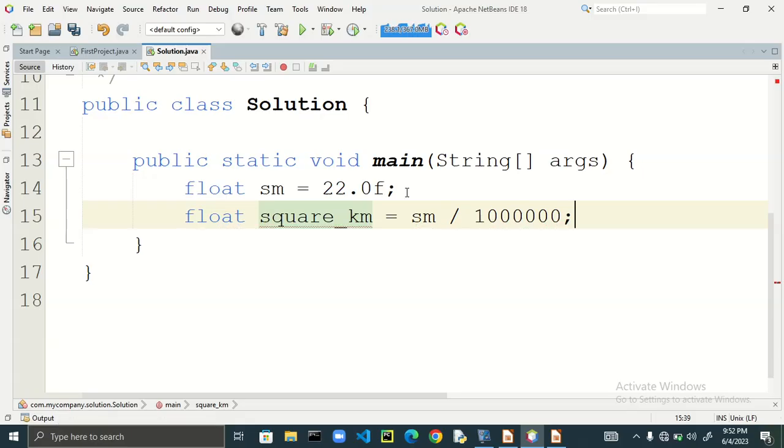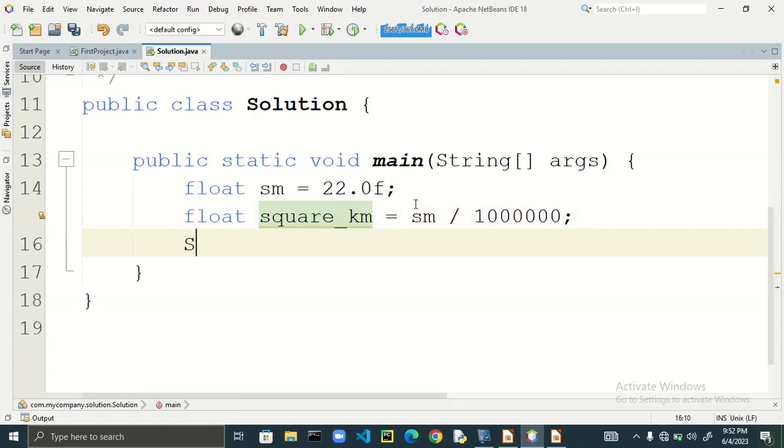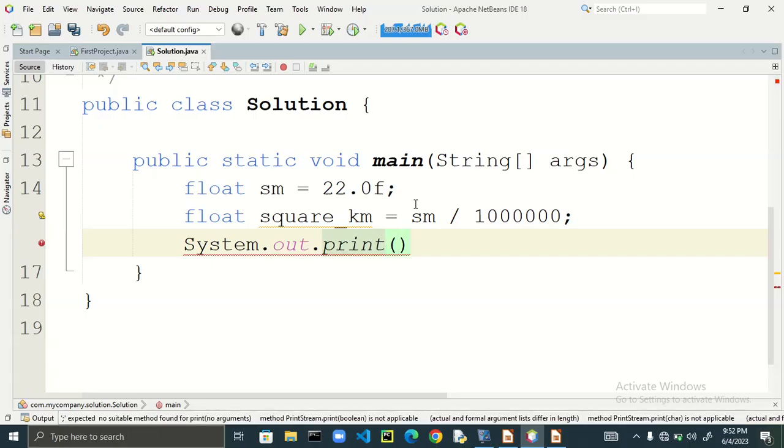Now let's put our semicolon there, and then finally let's print the answer. System.out.print. So I'm using print now, not println. It is still going to work fine.